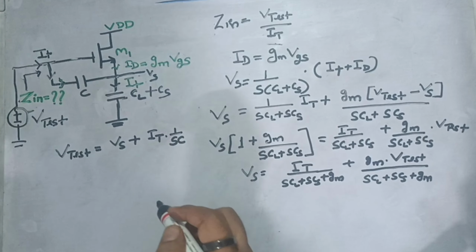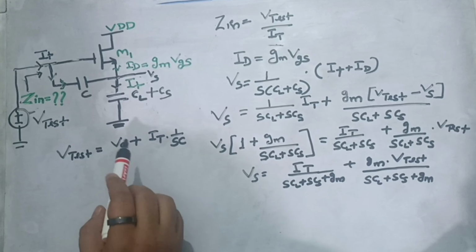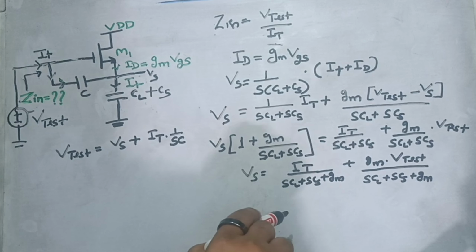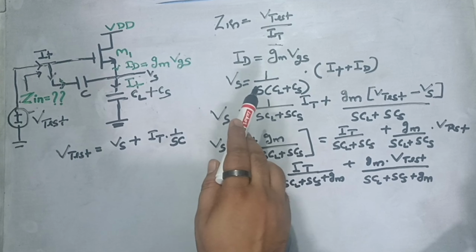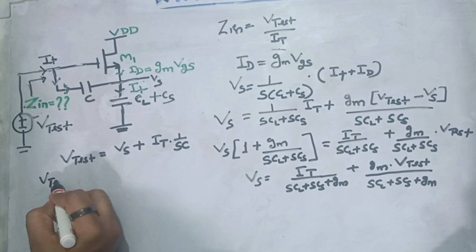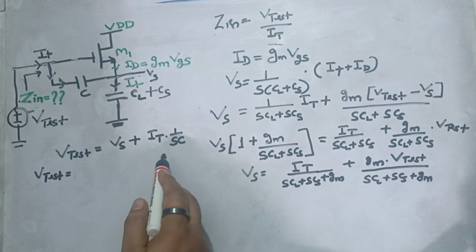This will be the value of V test. So I have just applied the voltage division rule here. Now we know the Vs value we already have calculated. So we need to find V test divided by IT if you see from the beginning.